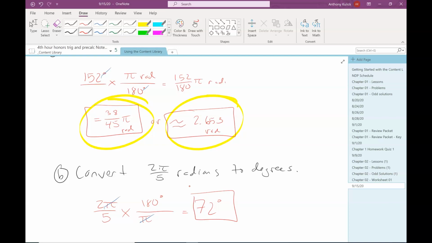Is everybody okay there? Okay. Do we feel pretty comfortable converting back and forth between these? It's a pretty straightforward calculation. Delaney? 2/5 times 180. Oh. That's okay.